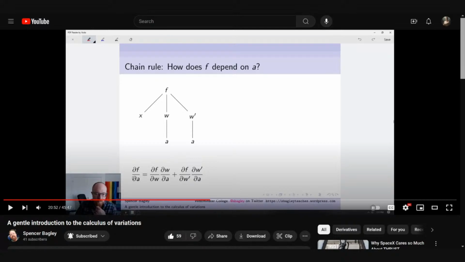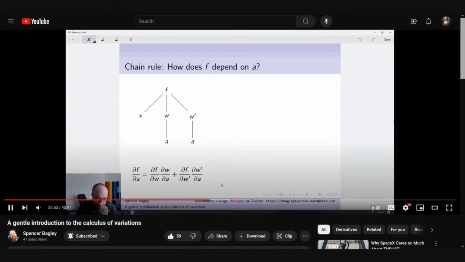Interesting way of doing math with this tree. I've never seen this. Because we're ignoring f partial x, because we're taking f partial a, because we're saying that J partial a equals 0.